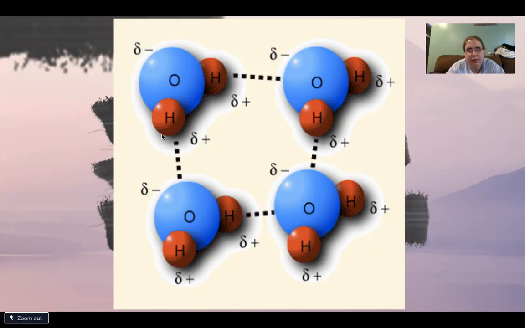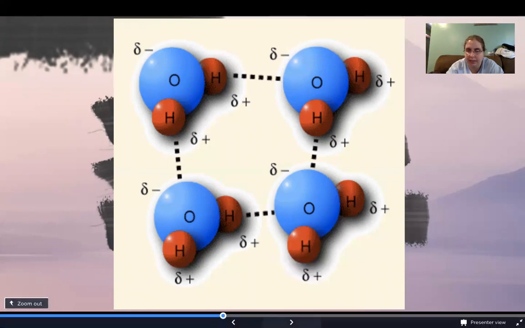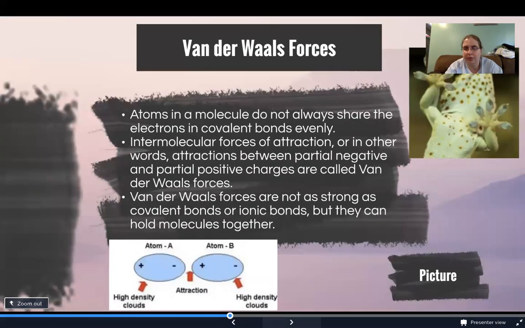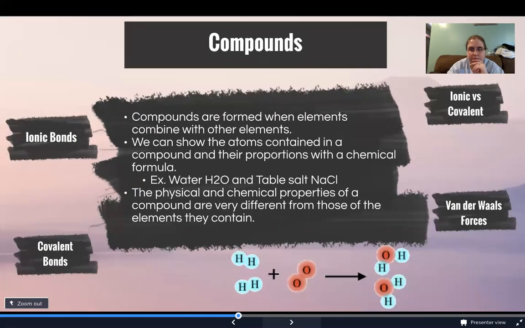And because there's not as many electrons on the hydrogens, they're slightly more positive. So this hydrogen will form a weak attractive force with the negative part of the oxygen, and that is this weak force we're talking about. We call this hydrogen bonding because it involves a hydrogen atom. We will come back to this again in our properties of water lesson.